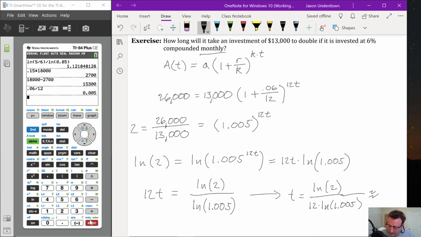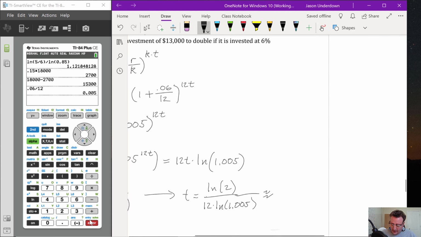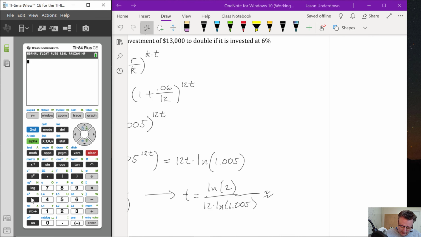And let's use the calculator to compute a value for this. Let's see. Natural log of 2 divided by, let's put this in parentheses, 12 times the natural log of 1.005. And close out all those parentheses.